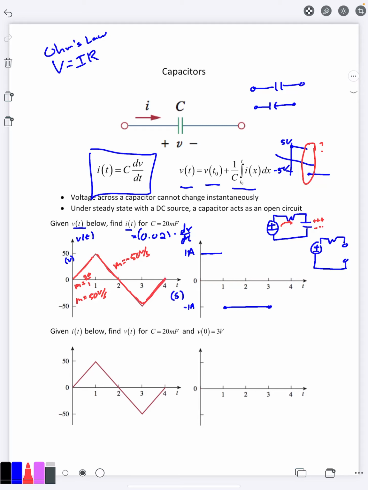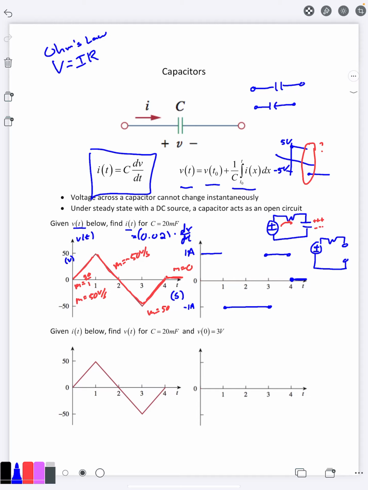Then from 3 to 4, it goes positive slope of 50 again, which means it's going to go to positive 1 as you multiply by C. And after 4, it has a slope of 0, so you're going to have 0 current there. And so this would be our graph of current in this particular case.